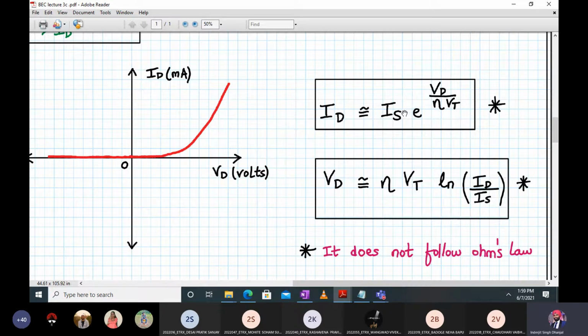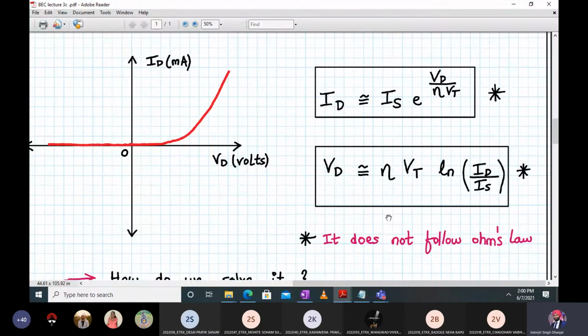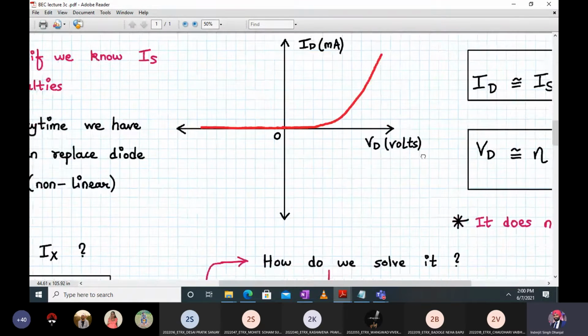Vd can be approximately written as eta Vt times log of ID upon Is. But that means both these equations do not follow Ohm's law. That's why it is non-linear. Are you following? All of you note down this Vd equation: Vd is approximately eta Vt times the log to the base e of ID upon Is.